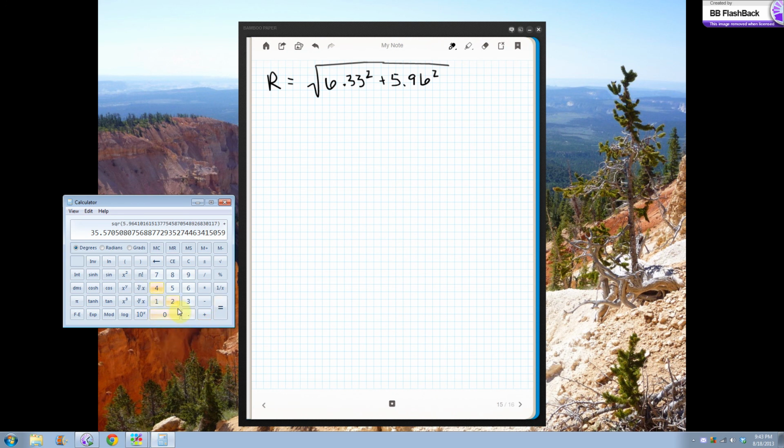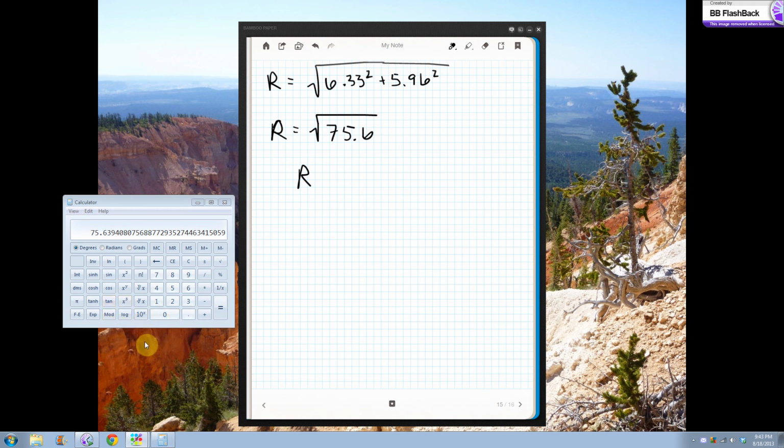Plus 6.33 squared equals, square root of 75.6. So r is, where's the square root?